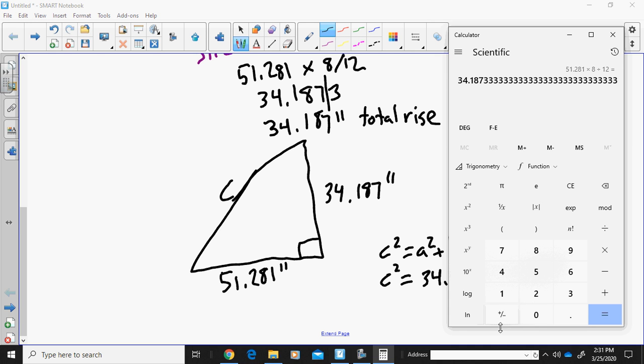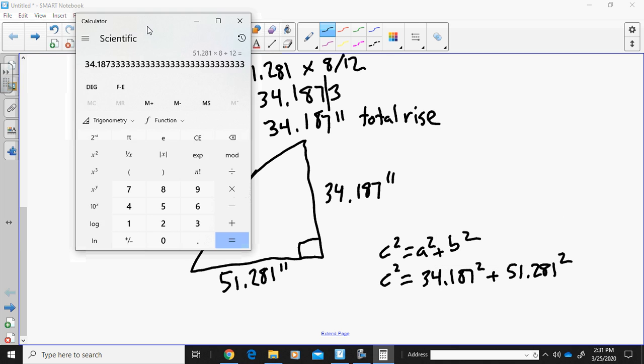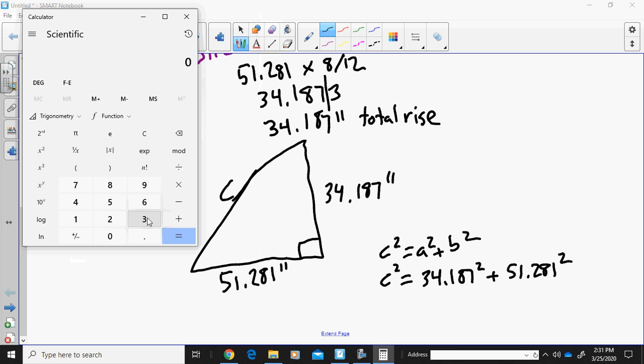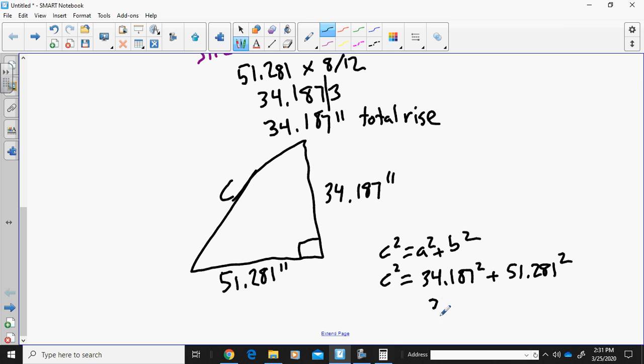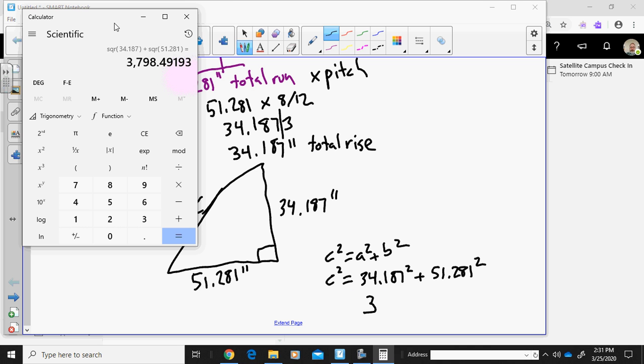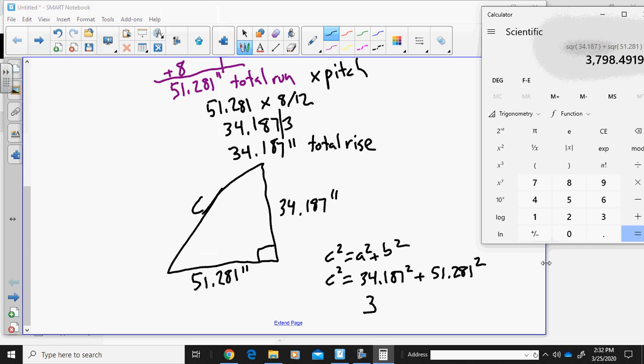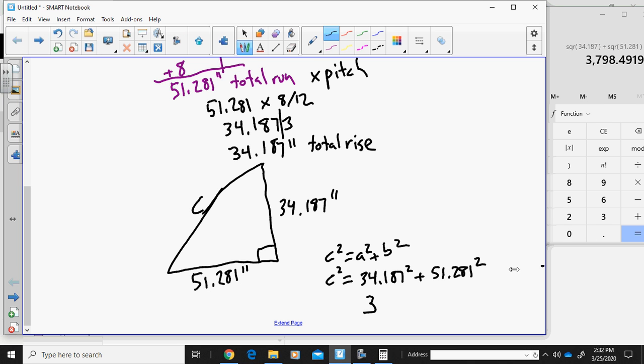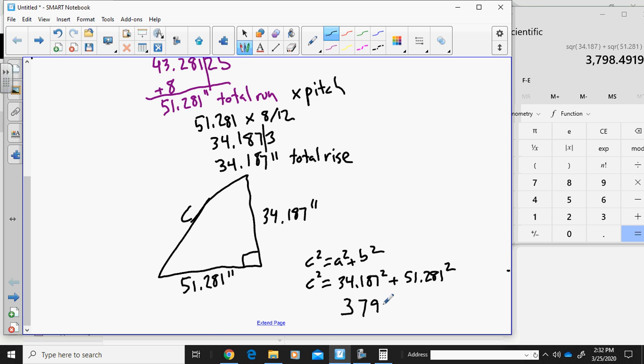Calculator, 'cause we can do this all in one shot, so we'll do 34.187 squared, it's up here, plus 51.281 squared equals 3,798.4919.